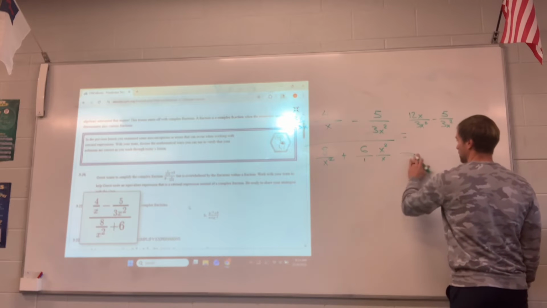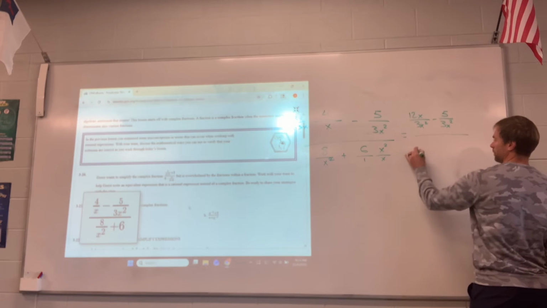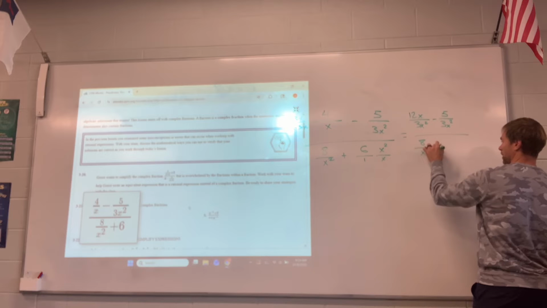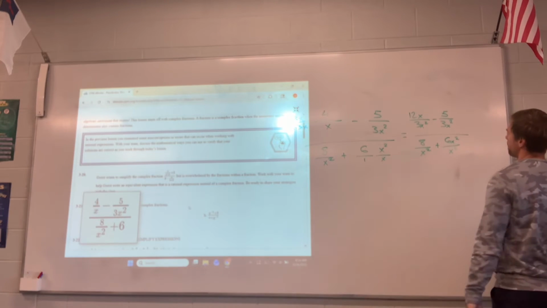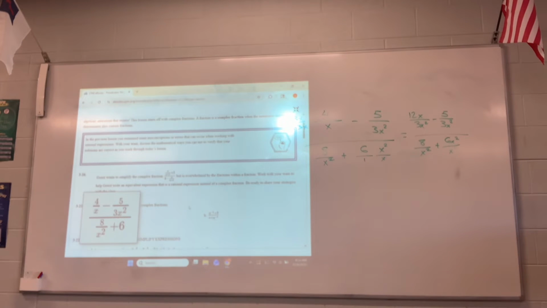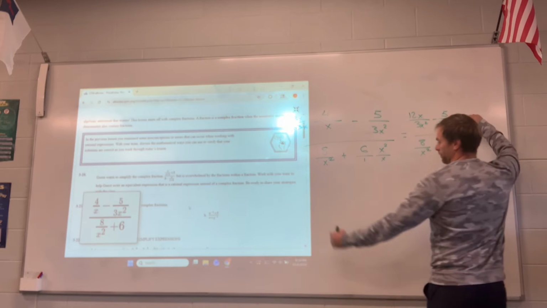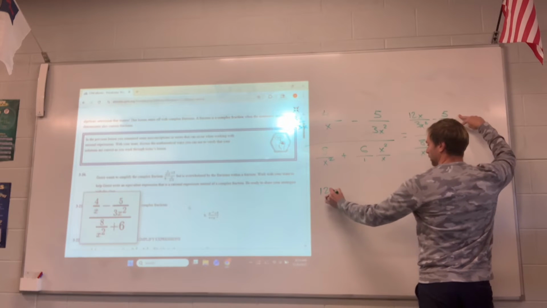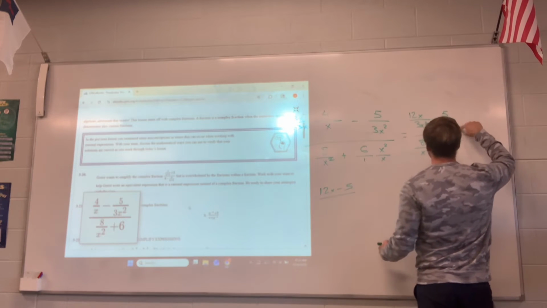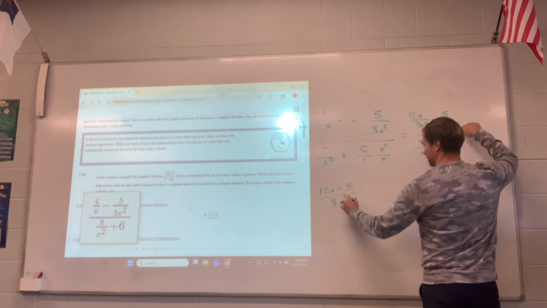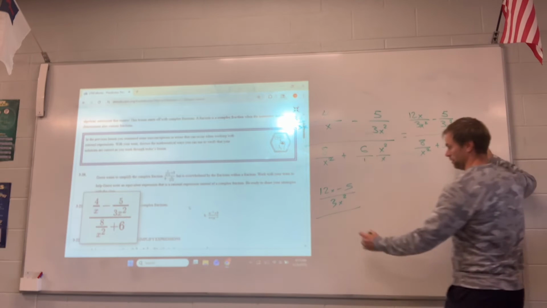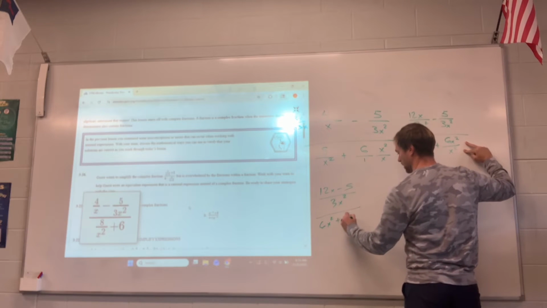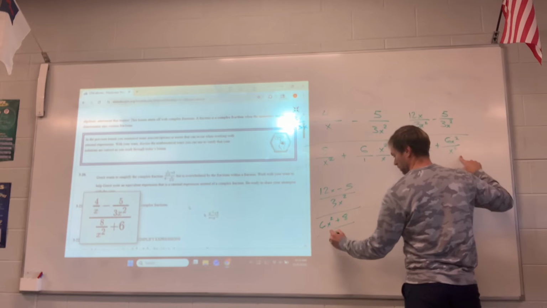So this will be 8 over x squared plus 6x squared over x squared. Okay. Add it up, we get 12x minus 5 over 3x squared, over 6x squared plus 8 over x squared.